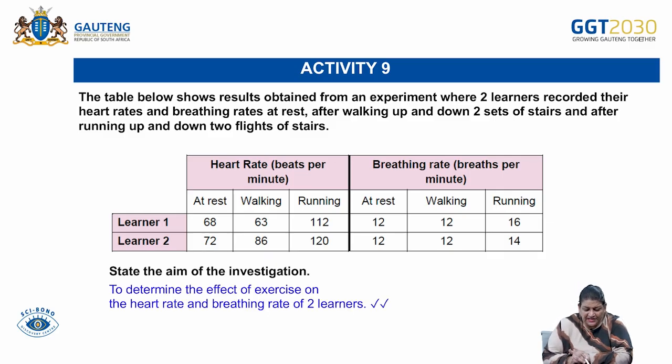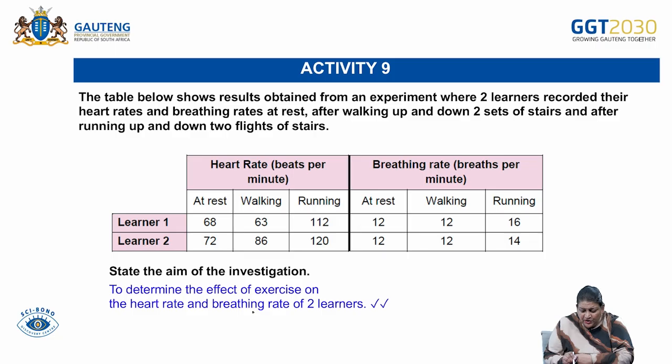To determine the effect of exercise or activity on the heart rate and breathing rate of 2 learners, because here you're talking about 2 learners. So you can't be general, because your investigation is you want to know the heartbeat and the breathing rate. To investigate the breathing rate and heartbeat of 2 learners during different activities. Can you see that?